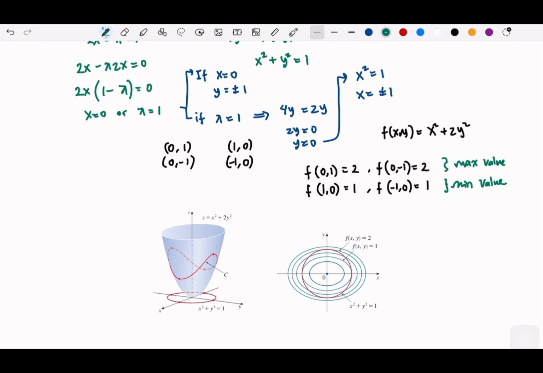And when you project this to the xy-plane, it should be an ellipse, but since we restrict it with this circle as our constraint, we get a circle.